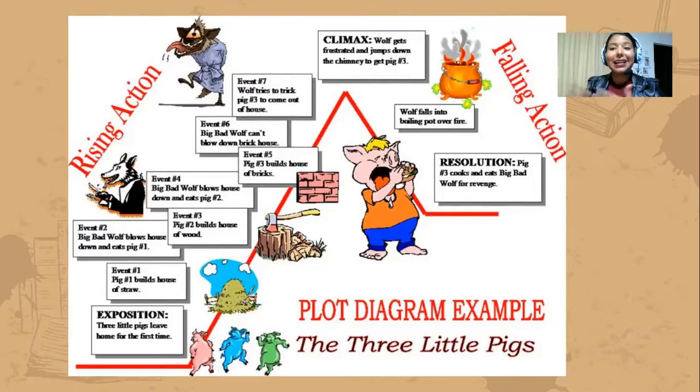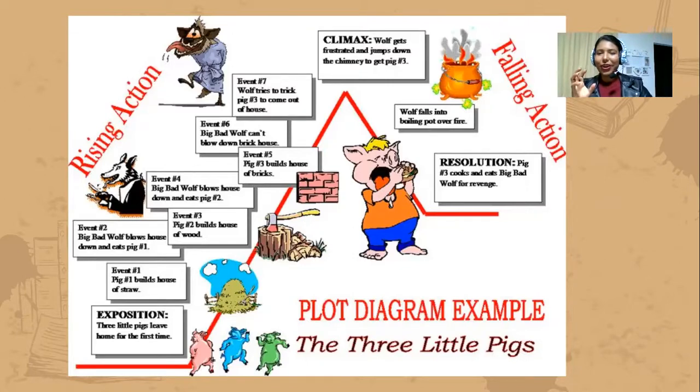Okay, but in the falling action, the wolf falls into a boiling pot over fire. It was like a bad revenge, right? The pig, that is the resolution of the story. The pig cooks and eats the big bad wolf as revenge.